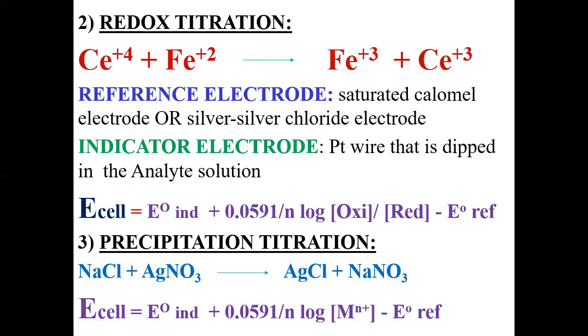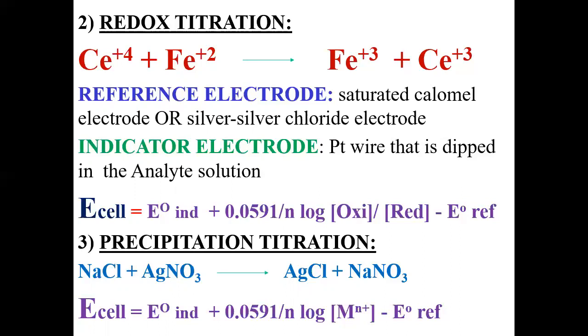So in the redox reaction, in this type of titration, the oxidation reduction reaction occurs in the solution. What happens? If in the solution there are ferrous ions, Fe plus 2, and we add oxidizing agents such as cerium Ce plus 4 ions from the burette, the cerium ions act as oxidizing agent.